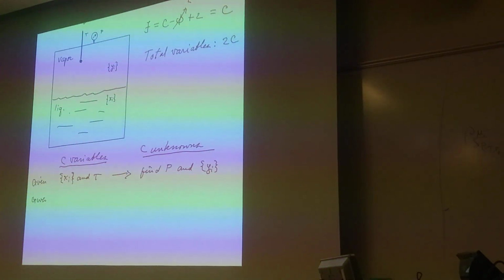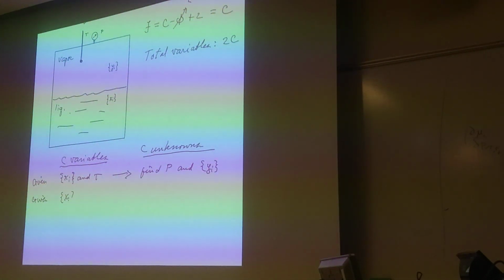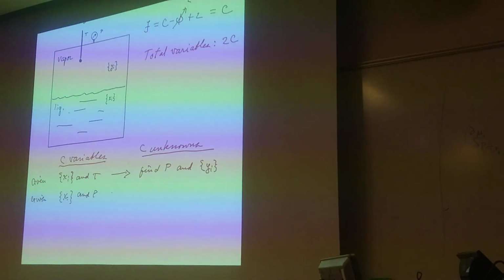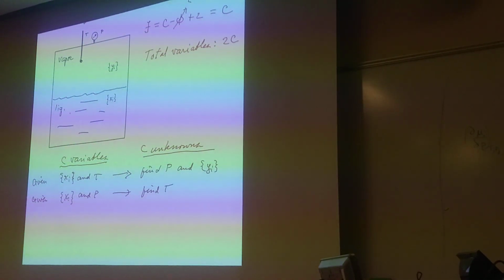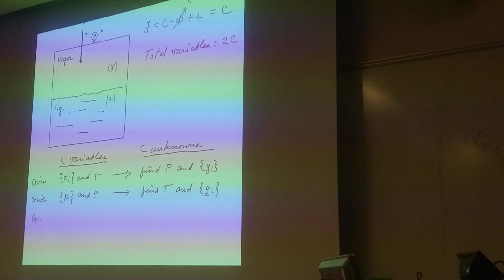Another type of problem we might have is to be given the liquid phase composition and the pressure, and be asked to determine the temperature and vapor phase composition. Then of course I have to permute it and get two more types.